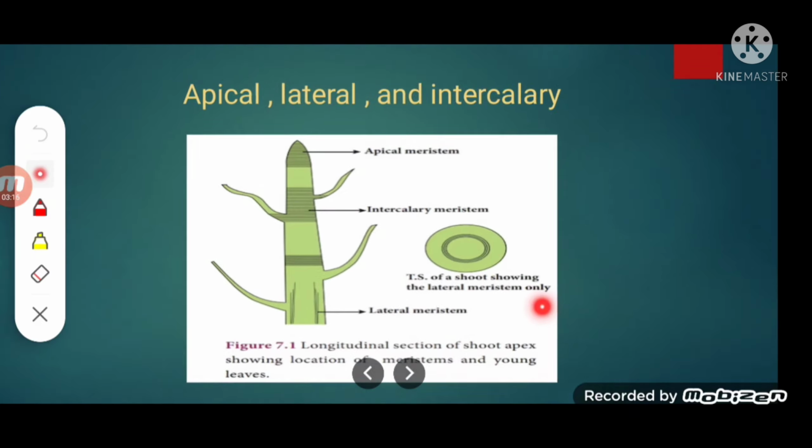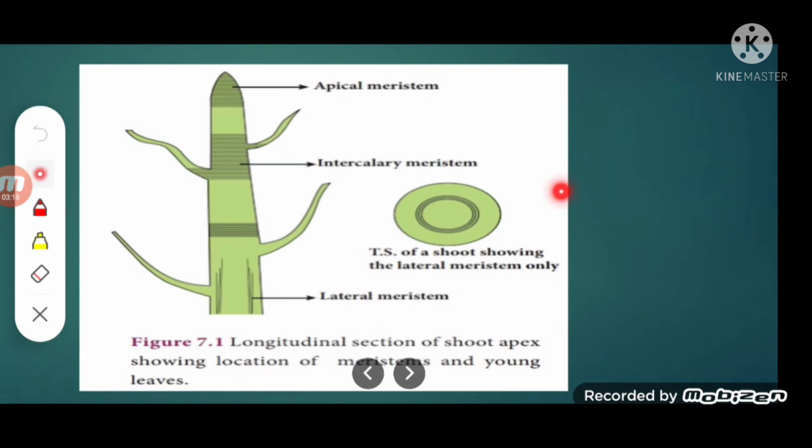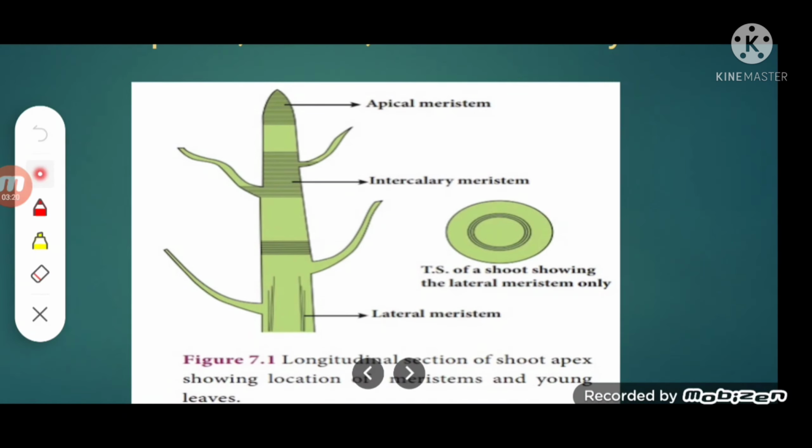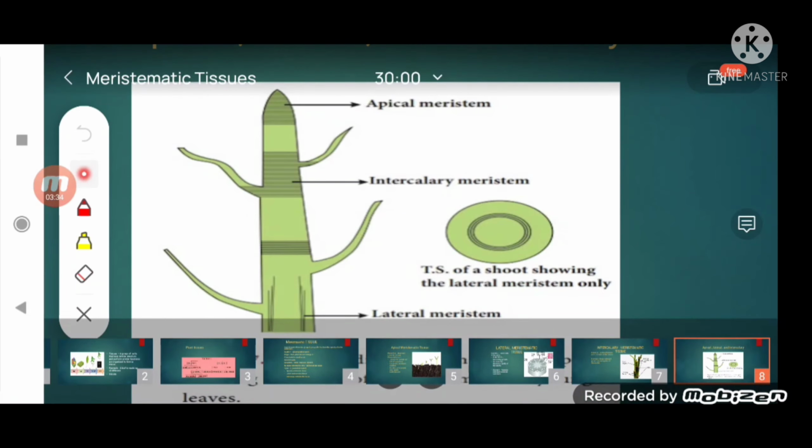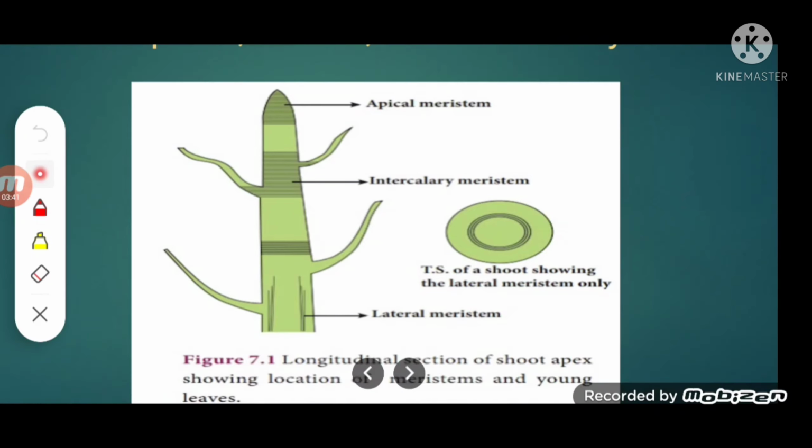Now together we will see where the apical meristem is located. It is on the tip, like the shoot tip, and in my first slide we saw that they are also located in the root tip. Intercalary meristem is always located between two nodes, and it helps in growth of the internodal region. What is the internodal region? The region between two nodes.